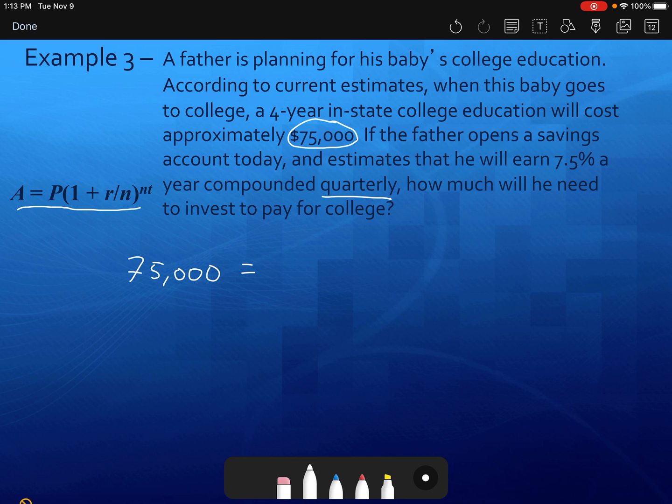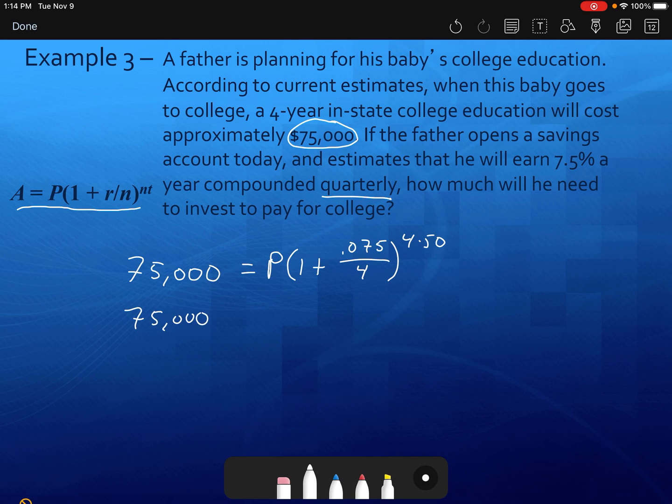But say this guy just wants to know. Okay, so 75,000 is A. We're looking for P. 1 plus the interest rate, again, is very high, 0.075. We're going to compound it quarterly, which is 4 times a year.